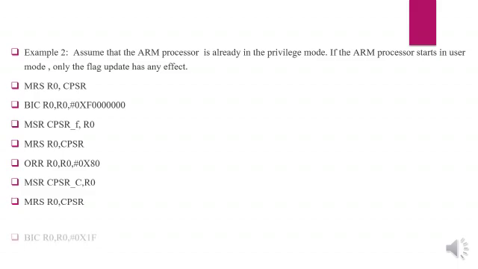BIC R0, R0, #0x1F clears the mode bits, and ORR R0, R0, #0x11 sets the mode bits to FIQ mode. MSR CPSR_c, R0 updates the control bits in the CPSR, now in FIQ mode.